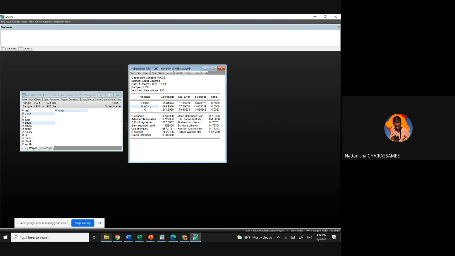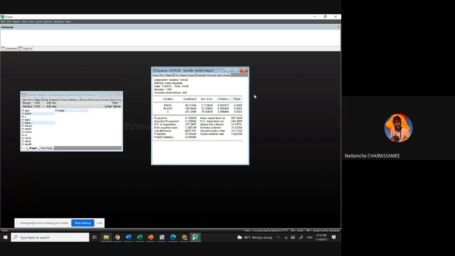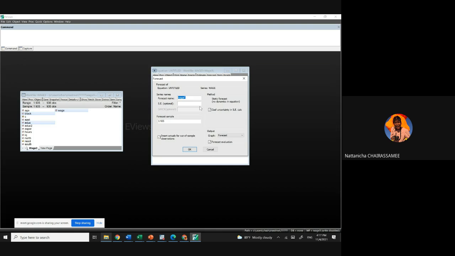So first, I'm going to predict wage by the results that we already got. So just go to proc, at the top of the window of the results. And then go to forecast, just click it.